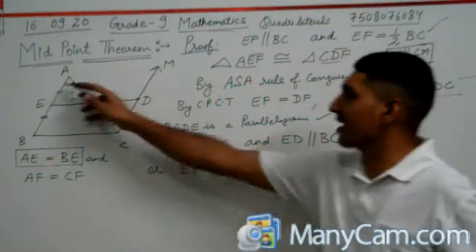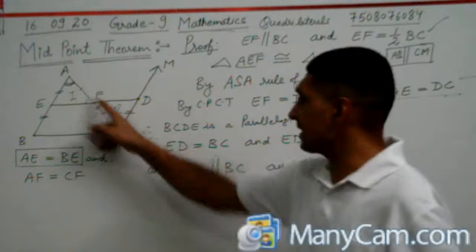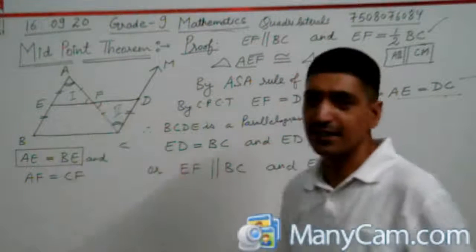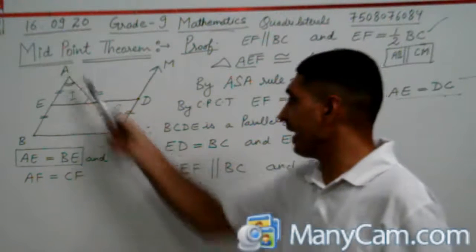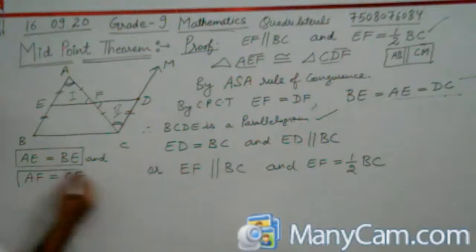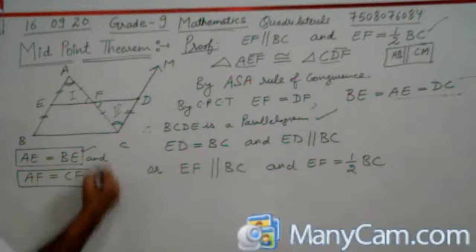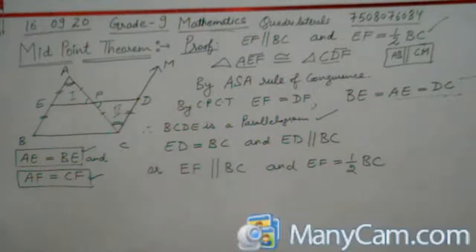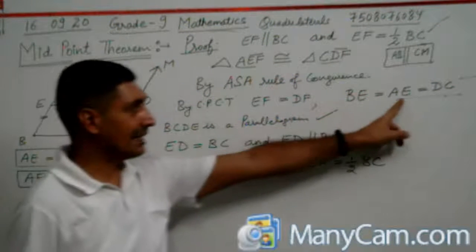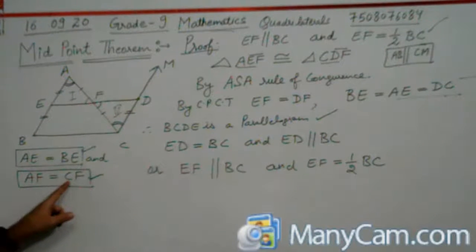These two angles are alternate angles, and this angle and this angle are vertically opposite angles, and the side AF, this is already given because F is the midpoint. AE is equal to BE, so we are using both here. By CPCT, AF is equal to CF.